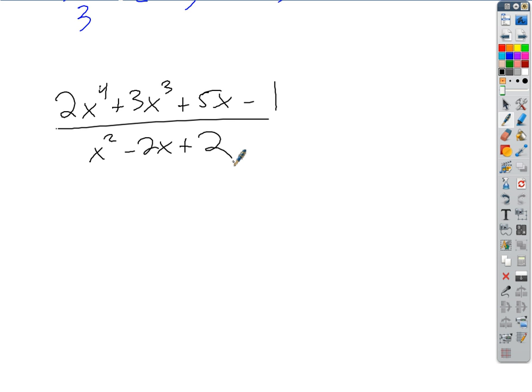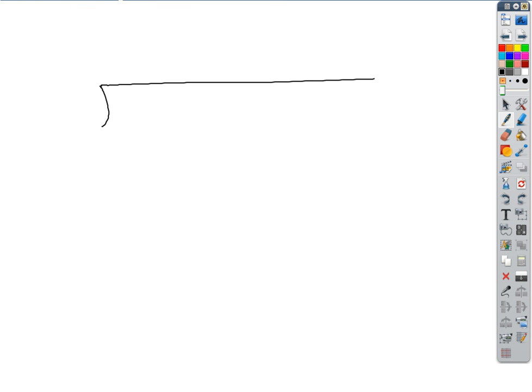The numerator is the part that's going to go inside the division symbol, and the denominator goes out front when we do long division. So we get something like this.